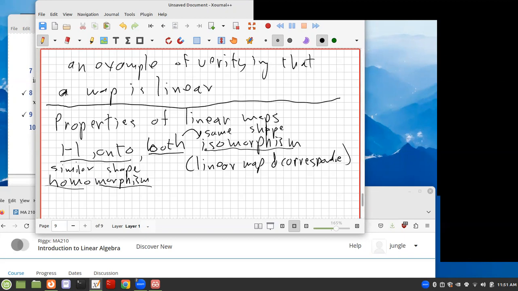And these two kinds of maps, ones that are isomorphisms and ones that are linear but not necessarily an isomorphism, each have different roles to play in linear algebra. This identifies vector spaces that are essentially the same.